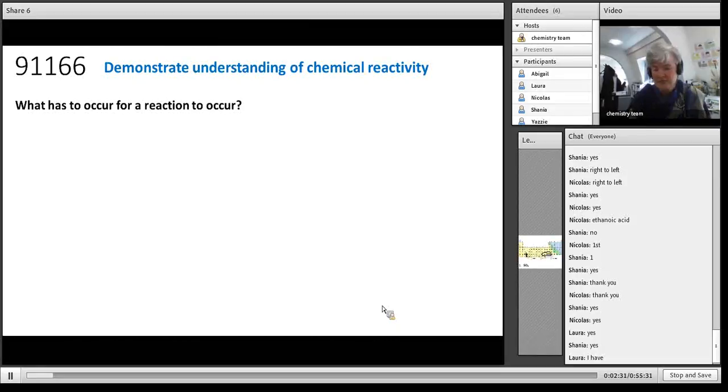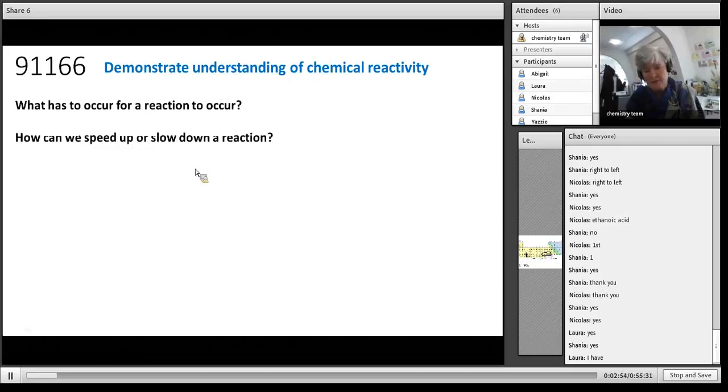The macro is seeing a chemical change in color, something going darker or lighter, or a solid appearing. The micro is where we explain at a particle level. What do the particles have to do in order for a reaction to occur? And then, of course, the factors. How can we speed up or slow down a reaction? Those are really the 2 questions we're going to be asking.